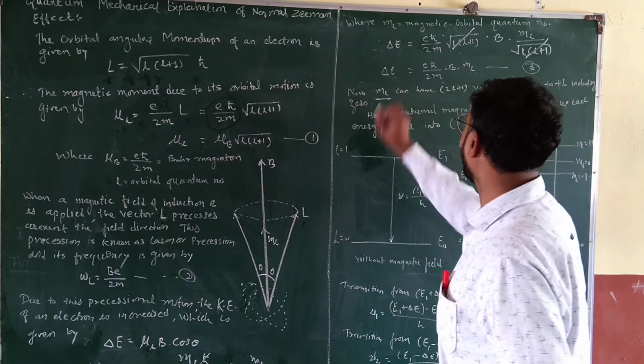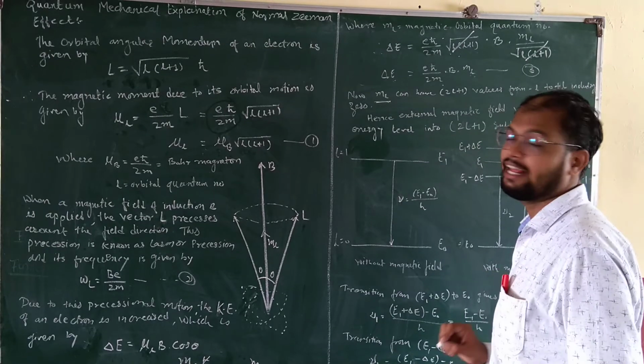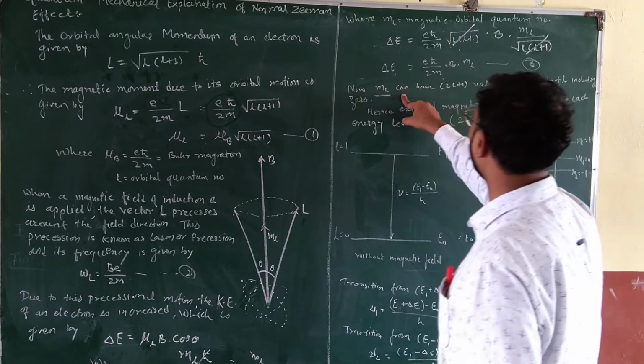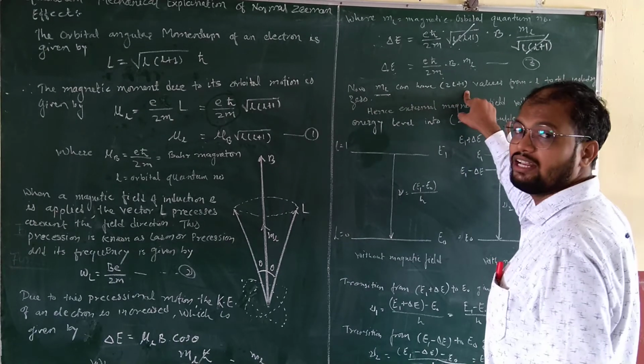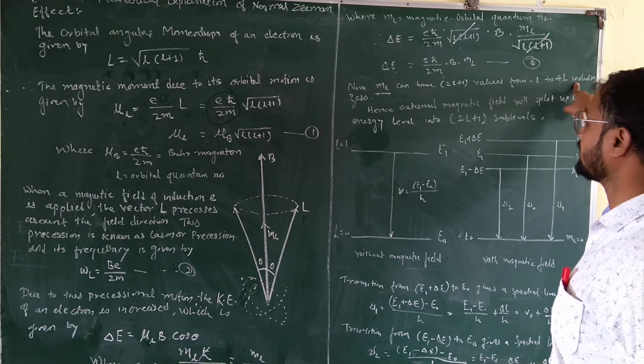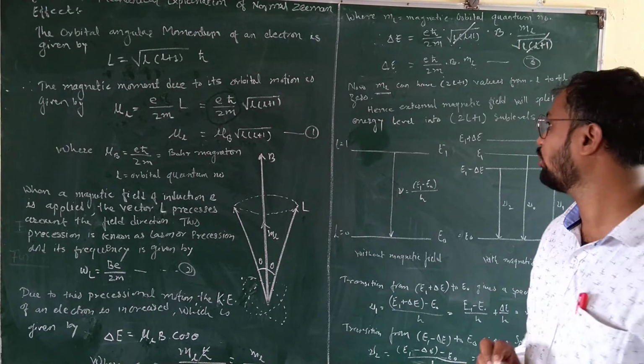Now m_l is the magnetic orbital quantum number. I already said that m_l can have 2l+1 values from minus l to plus l, including 0.